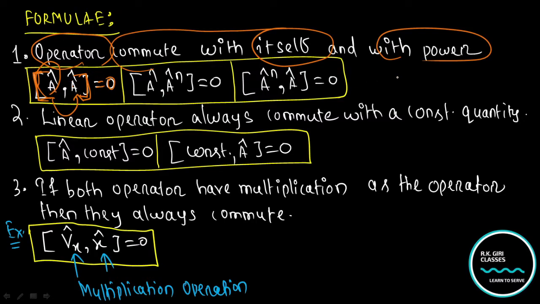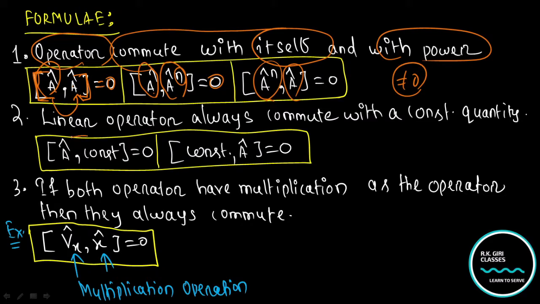If the value is not 0, they do not commute. Very good. The same operator and its power give obviously 0. That means if you take the same operator for the commutator operation, the result will be 0, so they always commute.